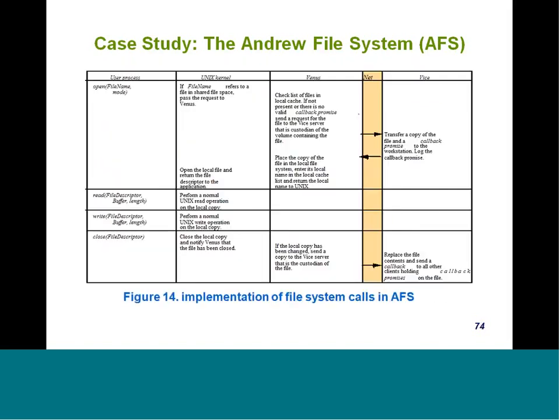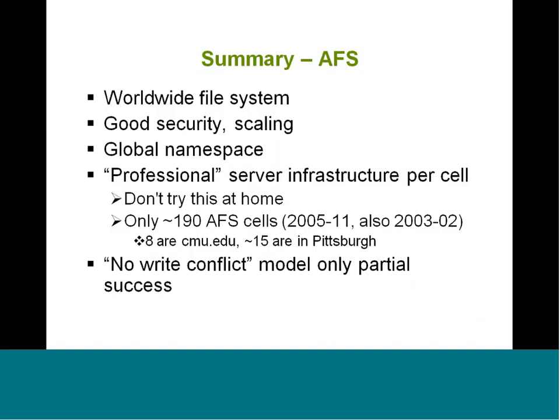So you can almost think of this as a worldwide file system. NFS may be like one per network. Here the AFS is just the only one that is needed.